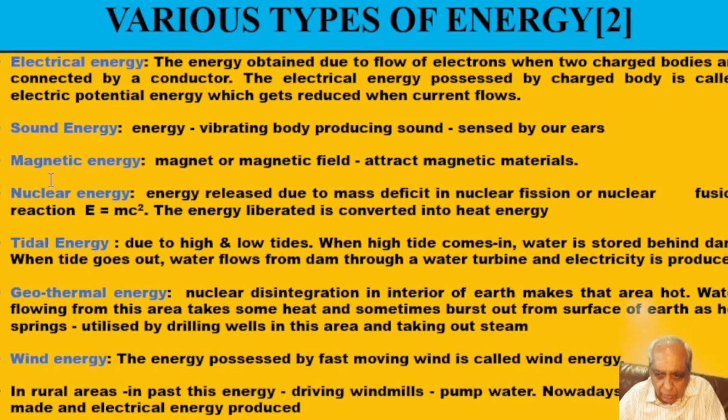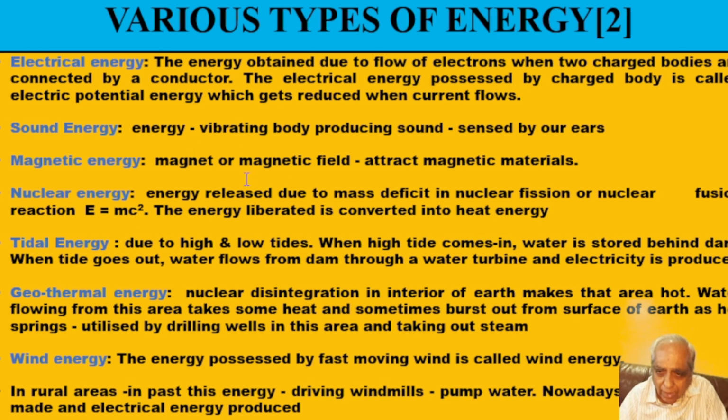Whenever we are burning nuclear fuel, there are two types of reaction: nuclear fission and nuclear fusion. But so far, we are using only nuclear fission for peaceful purposes, for production of heat energy, and it is because mass gets converted to energy, and it is given by this relation: E = mc².